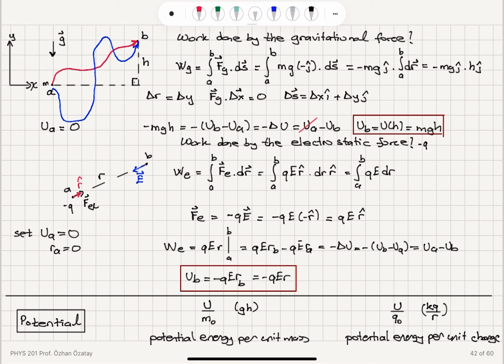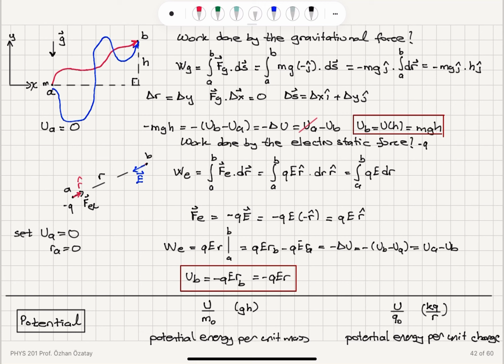That's the potential energy per unit charge. As I said, both potential and potential energy are meaningful on a relative scale. So conventionally, we consider zero potential energy not at a point like this. We take it to be zero when the objects are at rest at infinite separation.